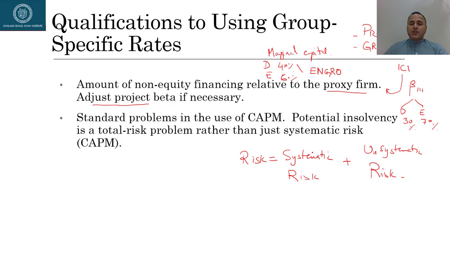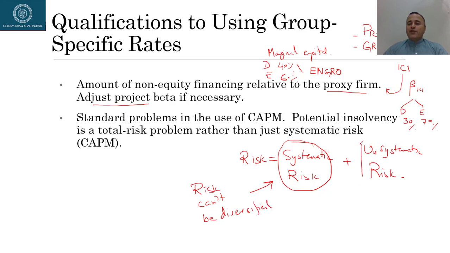Now the CAPM approach takes into account only the systematic part of it. Systematic risk is something coming from the system; we cannot diversify it. This risk cannot be diversified.